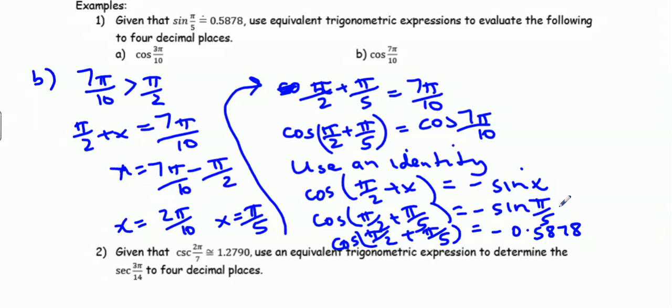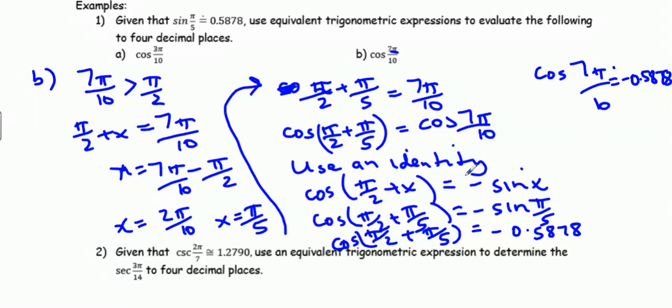Okay, because I have the sine of pi by 5, I'm just taking the negative of it. So if the cos of pi by 2 plus pi by 5 is equal to minus 0.5878, then so is the cos of 7 pi by 10, because these are equivalent. So the cos of 7 pi by 10 is equal to minus 0.5878 approximately.